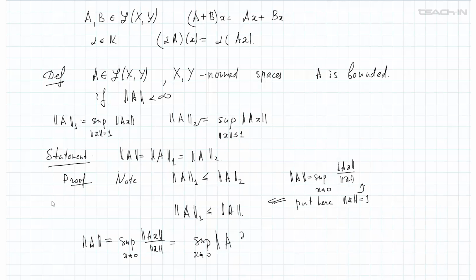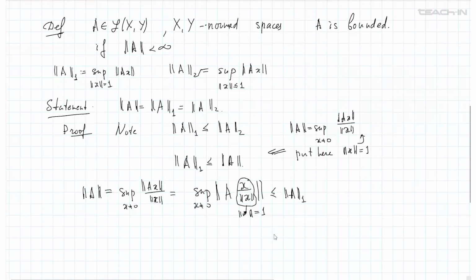I can write it in the following way: put the norm of x inside the norm of Ax. And we know that the norm of this element equals 1, just because we put it. So we obtain one inverse inequality.